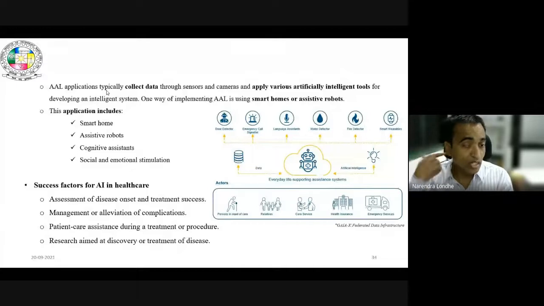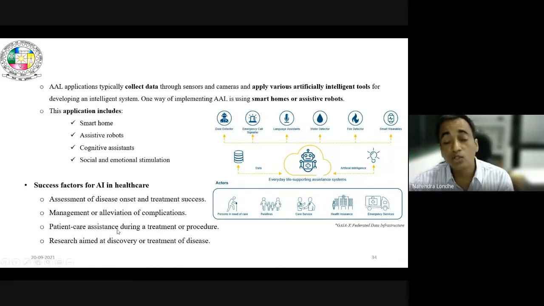So these are the success factors of AI in healthcare. Because of AI in healthcare, assessment of disease onset and treatment for success is there. There is a lot of success in management and alleviation of complications. We are able to learn the complications very easily, and we are able to manage them now.